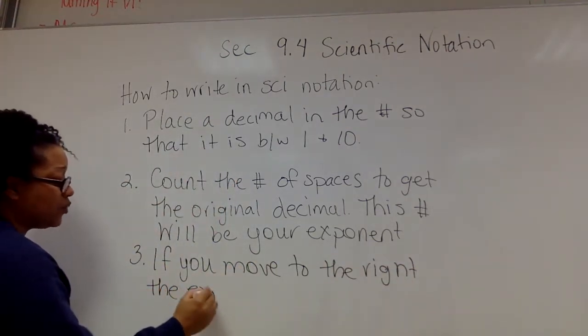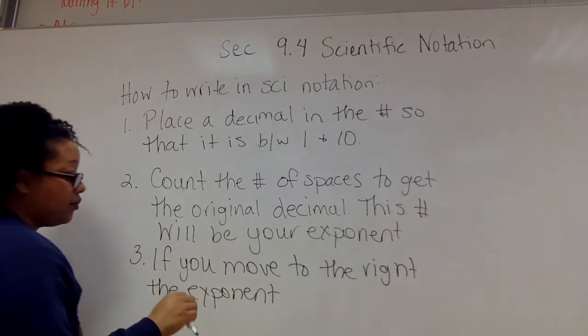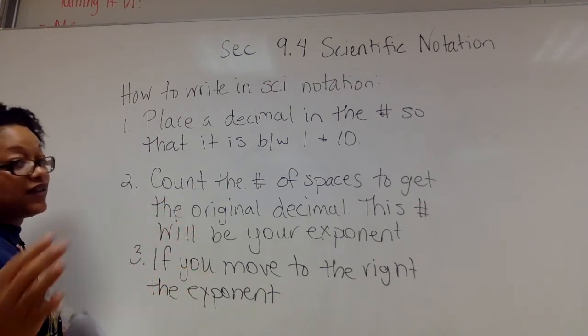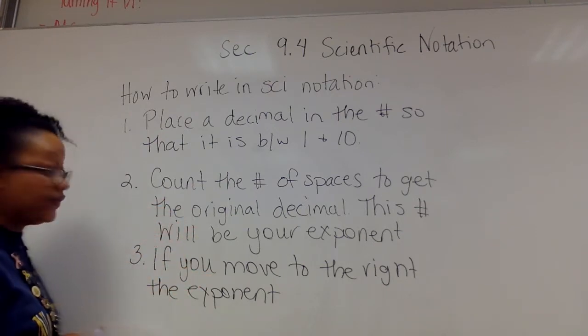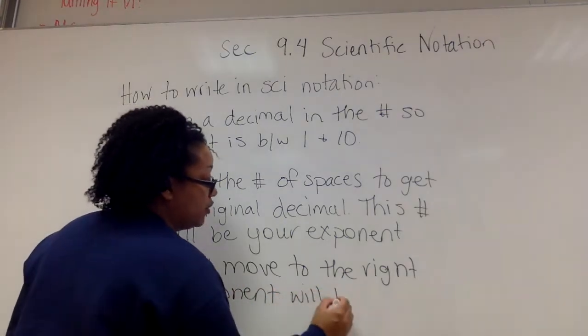And hopefully this will be a little common sense for some of you, because when it's a big number and you're moving to the right, then the exponent has to be positive. All right, so if you move to the right, the exponent will be a positive number.